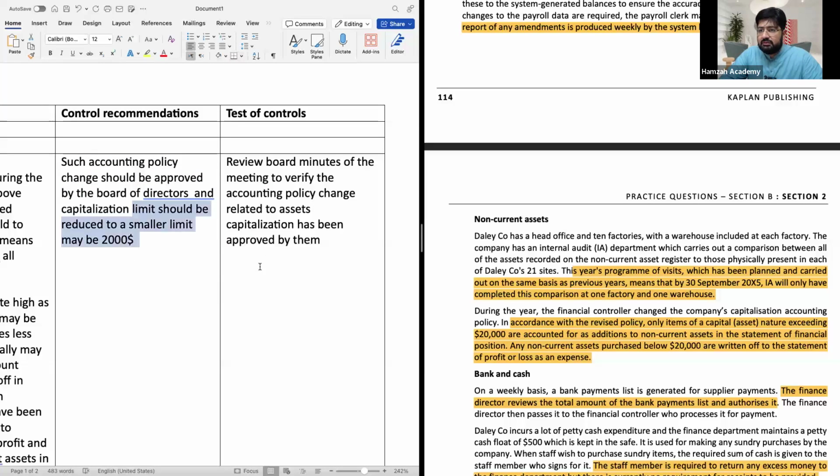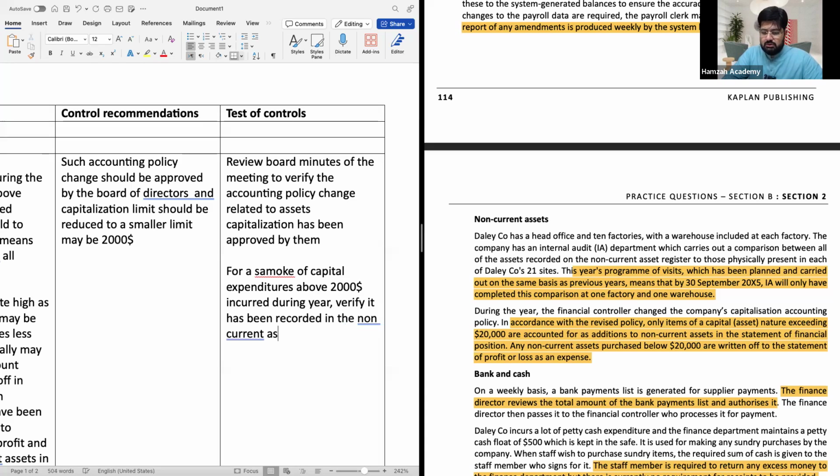Second part: for a sample of capital expenditures above $2,000 incurred during the year, verify it has been recorded in the non-current assets of the company.